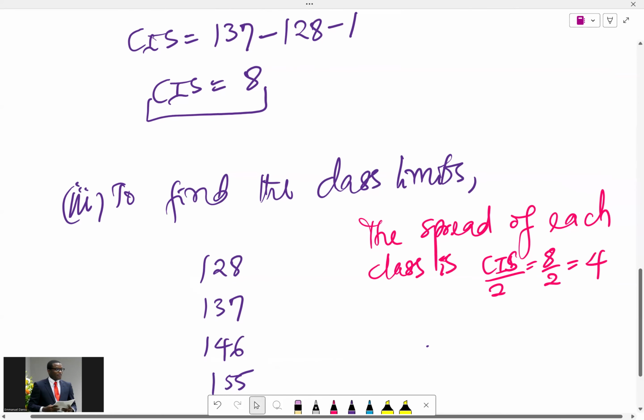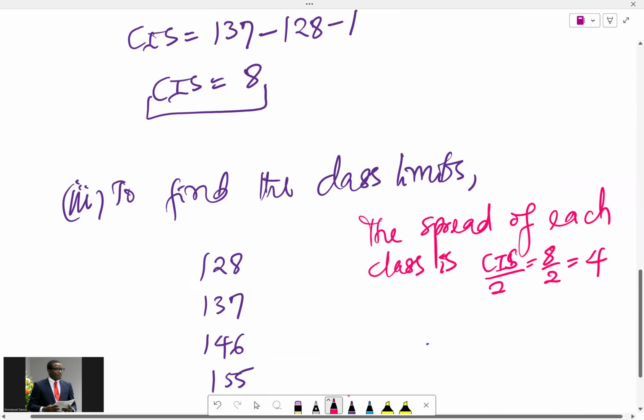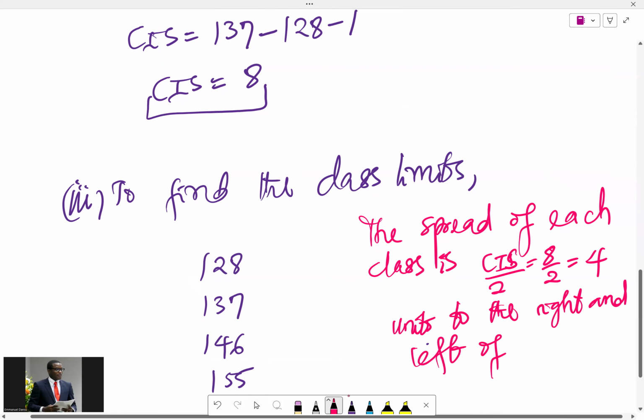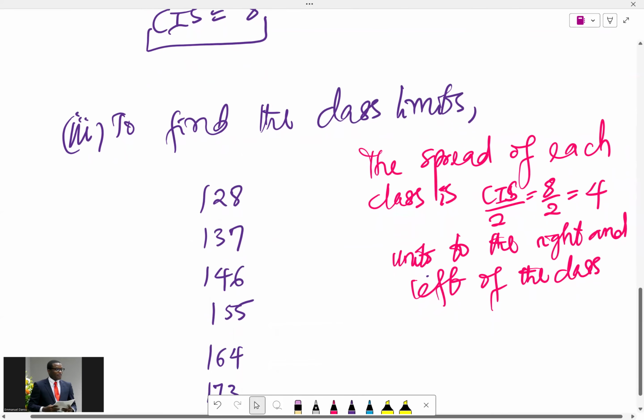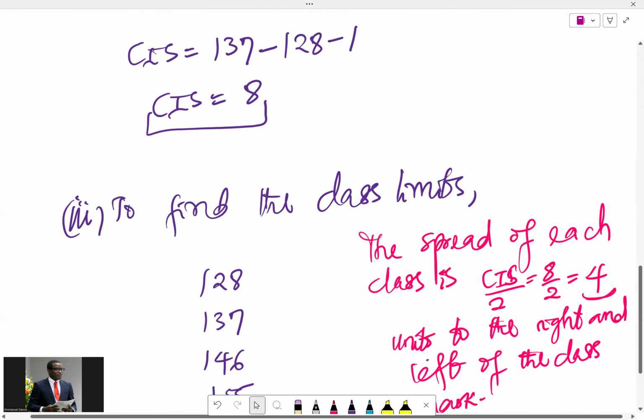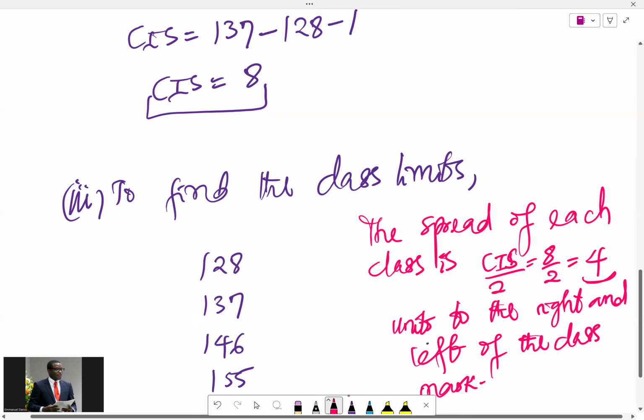So the spread of each class is 4 units, 4 units to the right and left of the class mark, if you know what I mean. So the class interval size you got, which is 8, divided by 2, you get 4.